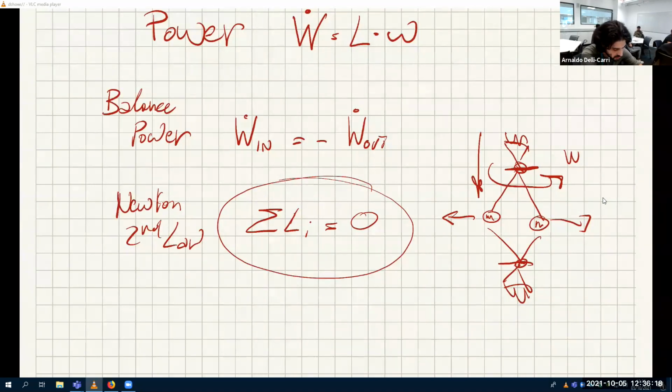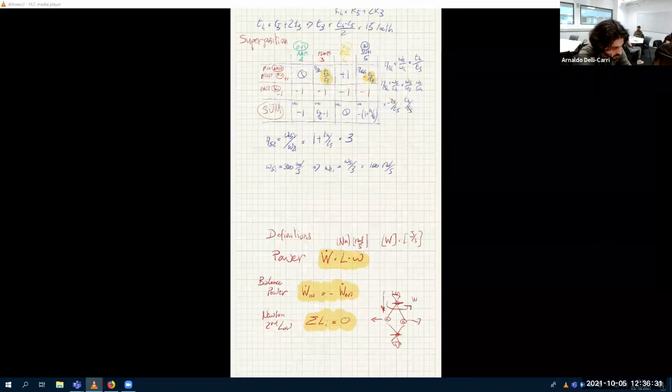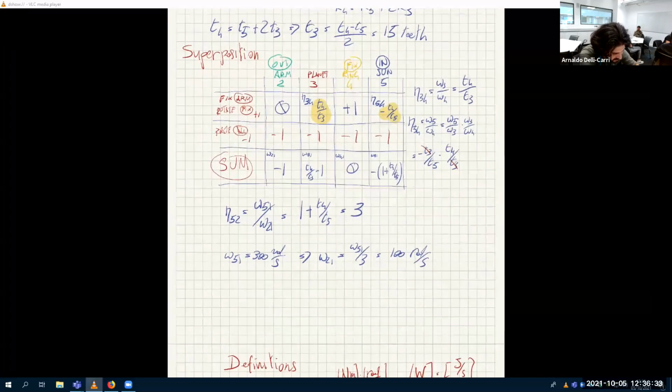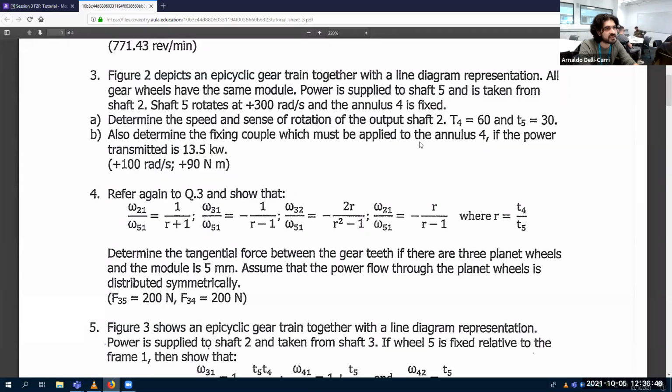All right, so let's go here. These are the 3 equations that you need. You don't need anything else. Let's solve this problem by saying that the power input is 13.5 kilowatts.